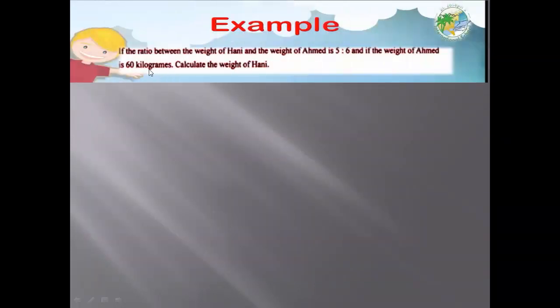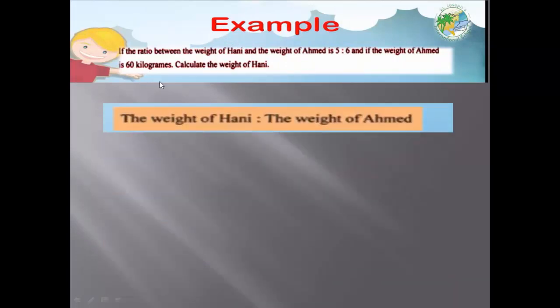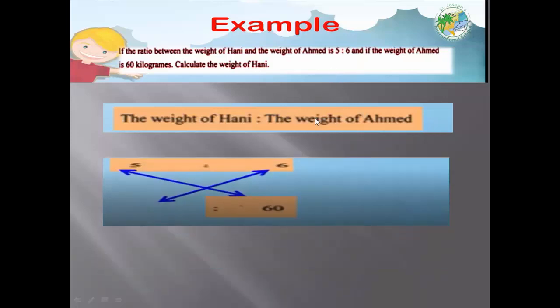Here the ratio is between Hani and Ahmed, the weight of Hani to the weight of Ahmed. Fine. Then 5:6.